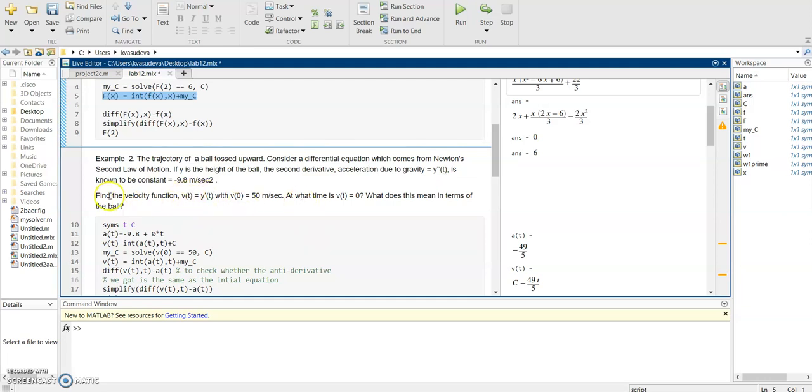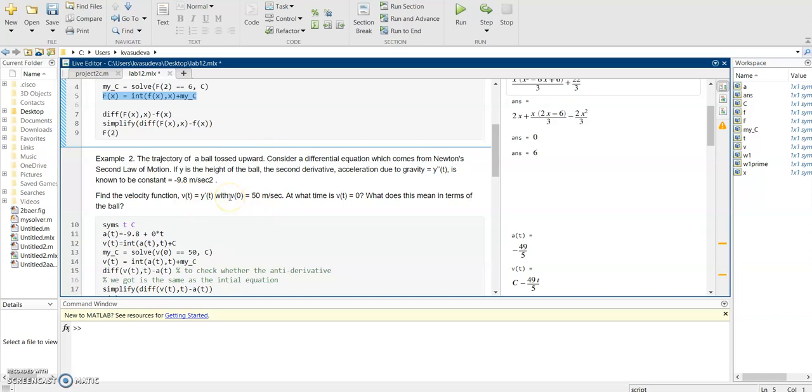Then find the velocity v of t. If you take a derivative of the distance function, you get velocity. That's what I'm trying to show here. y double prime is acceleration. If you take a derivative, you get rid of one prime, so you'll have y prime of t, which is velocity.